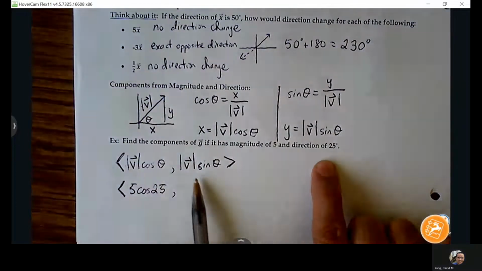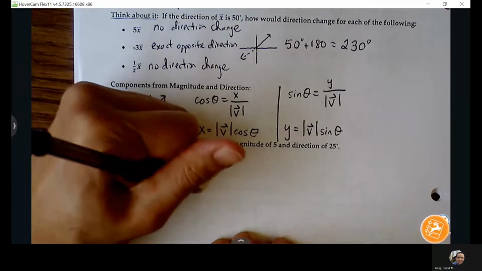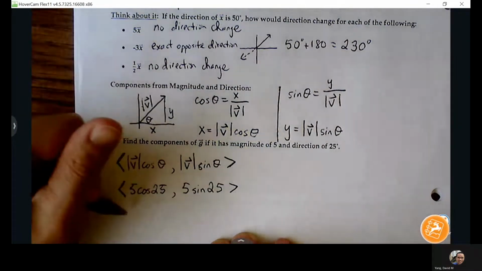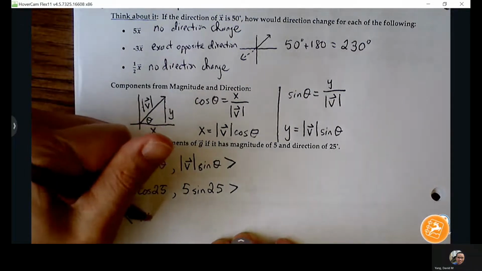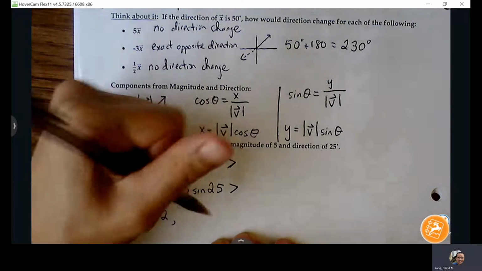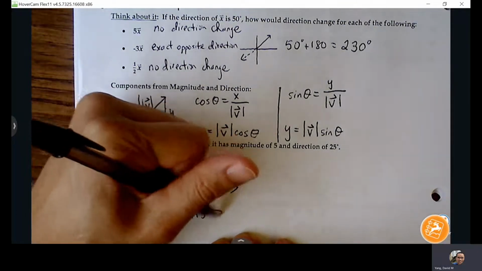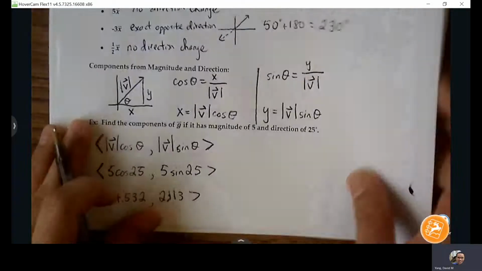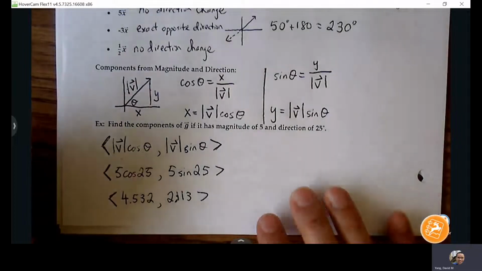Okay. 5 sine theta, okay, and then just enter in your calculator. So vector 4.532 will be the horizontal component, and vertical component will be 2.113.